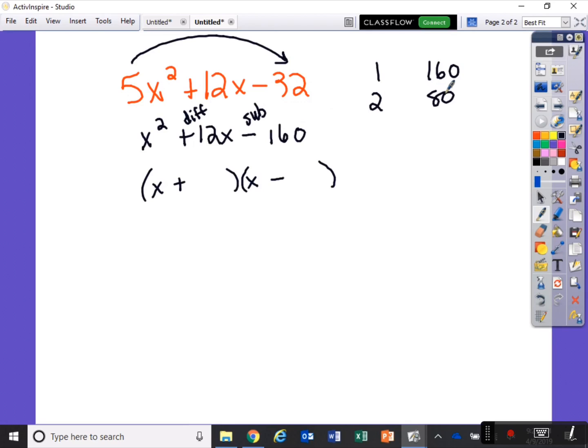This is a great time to use your calculator, so you can type in 160 divided by 3. Will 3 go into 160? No. So 3 doesn't go, but then you've got 4 and 40, which is not it, right?